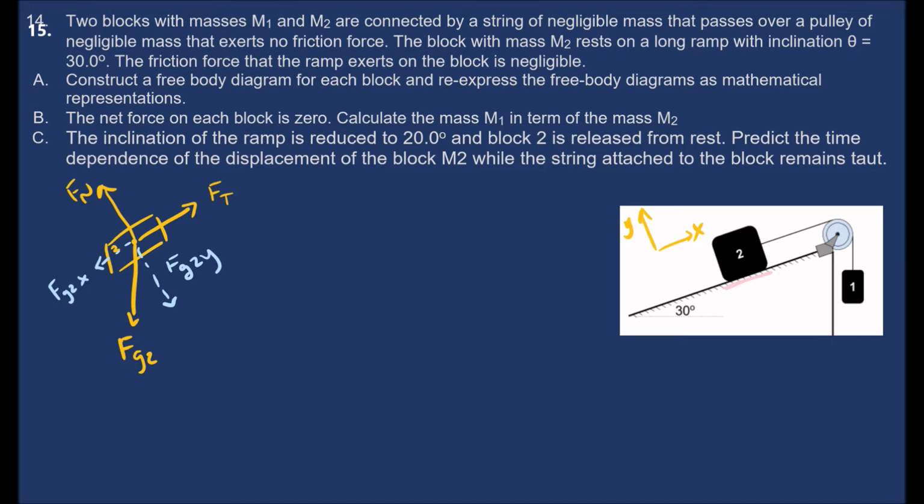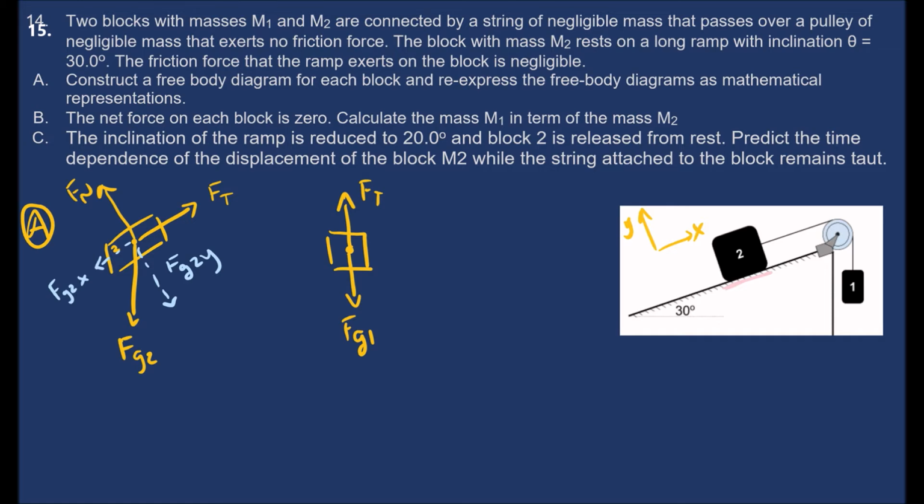For part A, our second free body diagram, of mass 1, is a little simpler. There's no surface that it's in contact with, so we just have the force of tension up. There's the center of mass of our block, and we have the force of gravity acting on block 1. So we've drawn our free body diagrams.